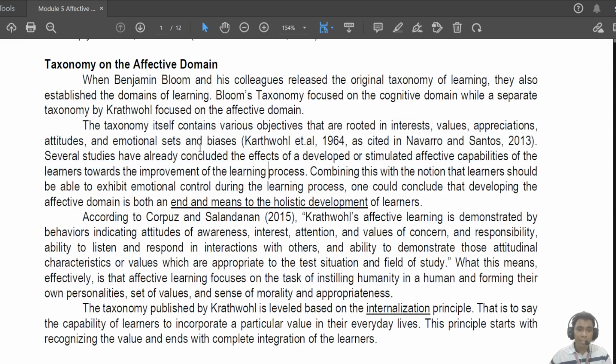So sabi dito, learners, combining this with the learner set notion, should be able to exhibit emotion during the learning process. The developing of the affective domain is an end and means to the holistic development of learners. Ano ibig sabihin nun?